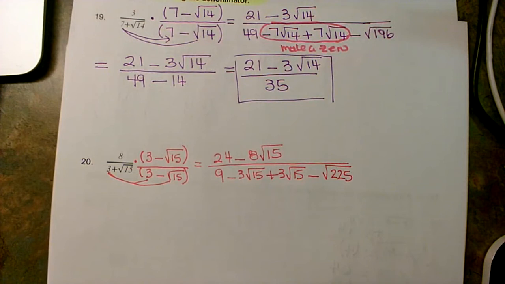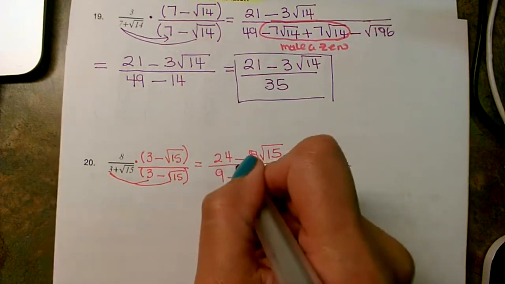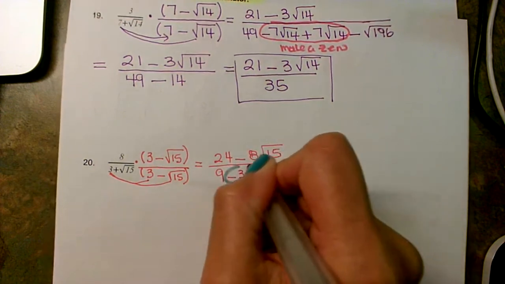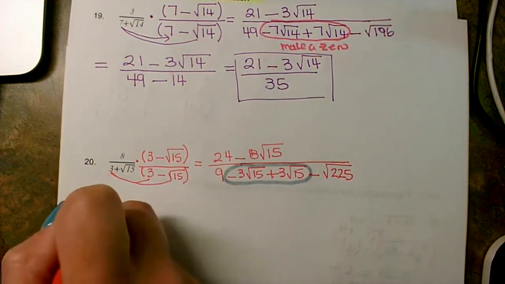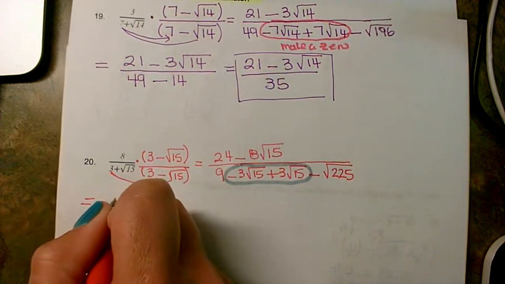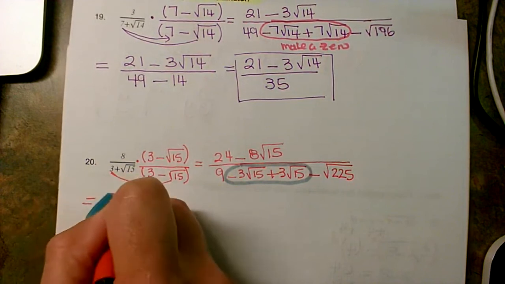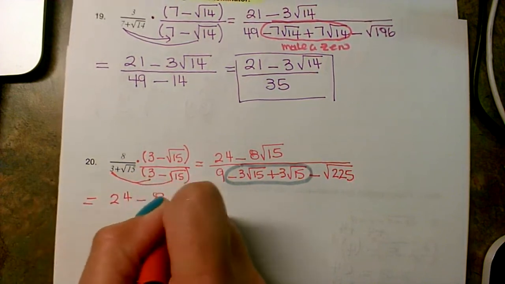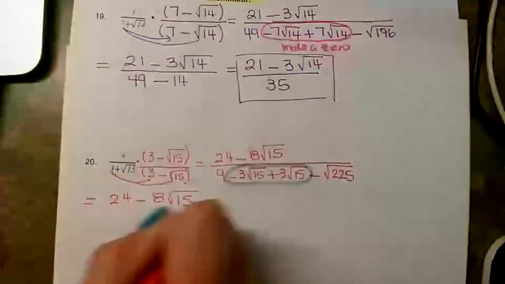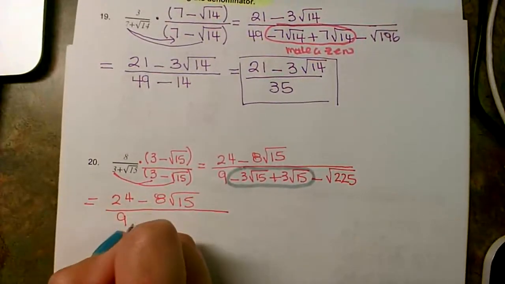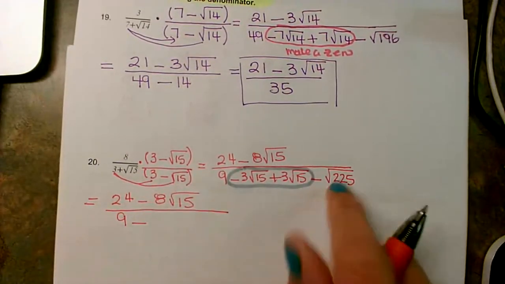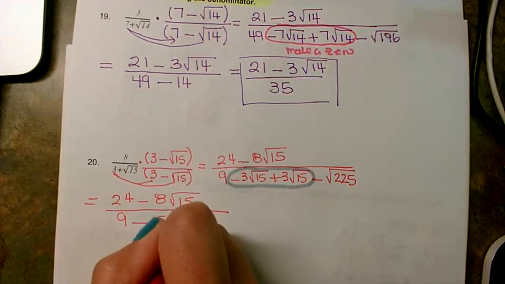Now we know these make a 0 here. So we have 24 minus 8 square root of 15 over 9 minus, what's this? 15, right?